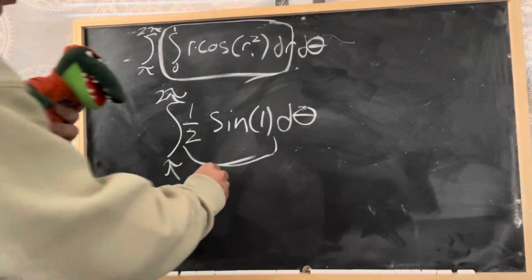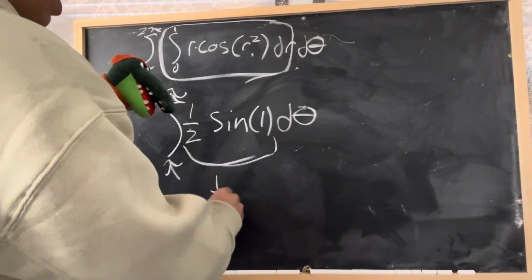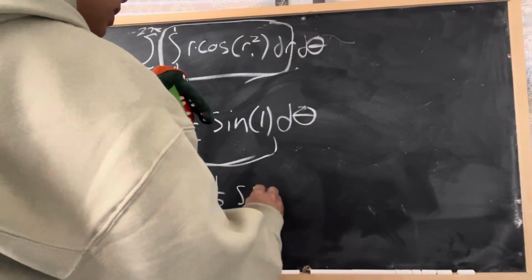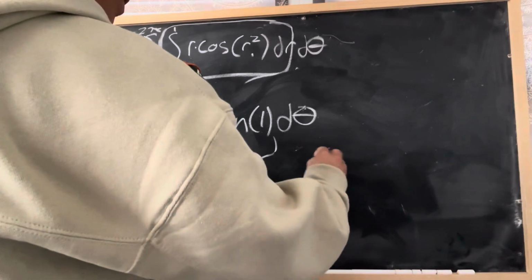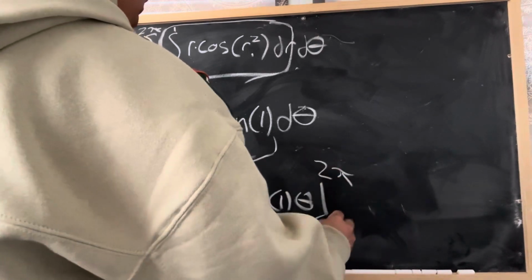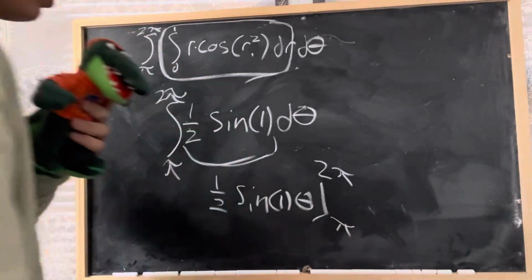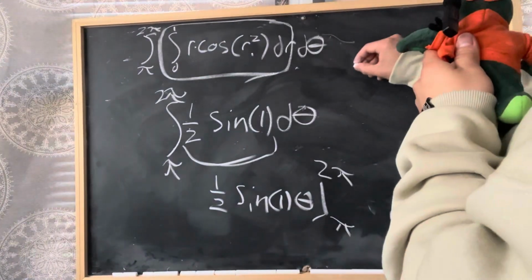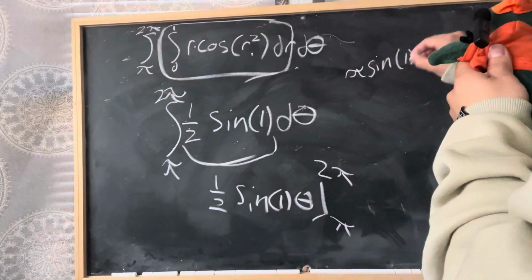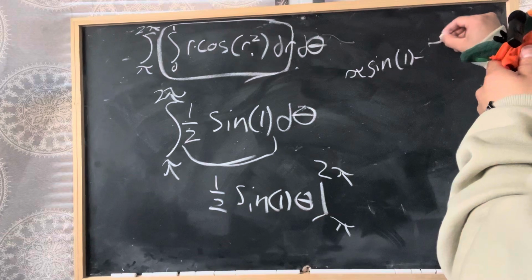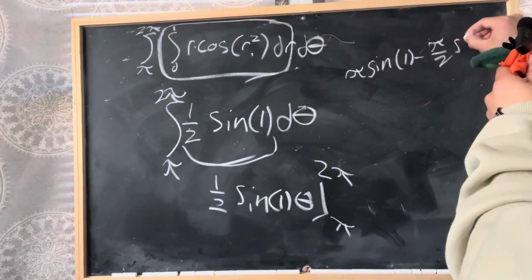So we'll just add a theta, and then we'll get 1/2 sine of 1 times theta from 2 pi to pi. And then we do the math, and we get pi sine of 1 minus pi over 2 sine of 1.